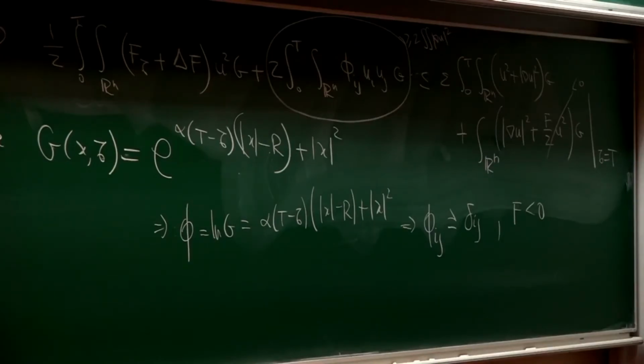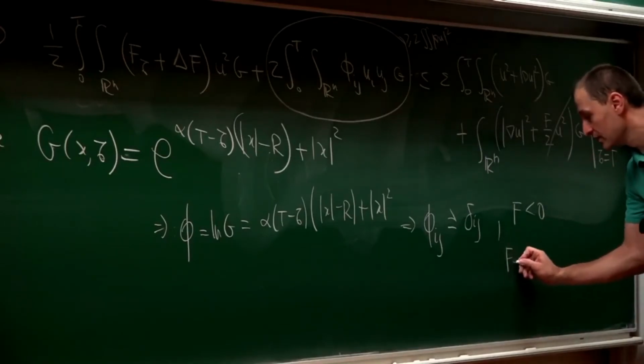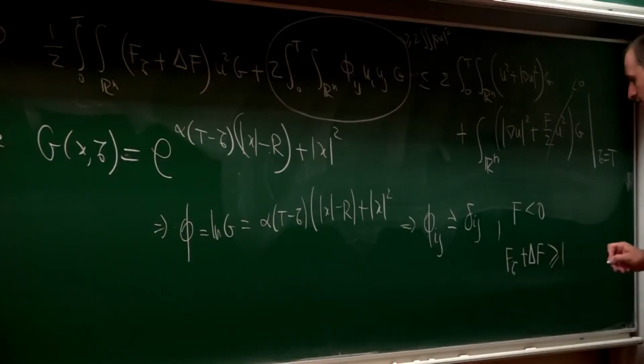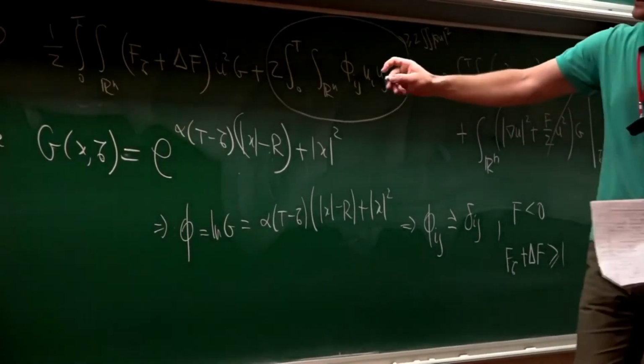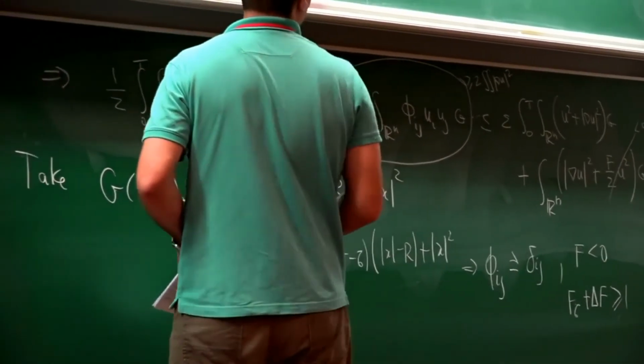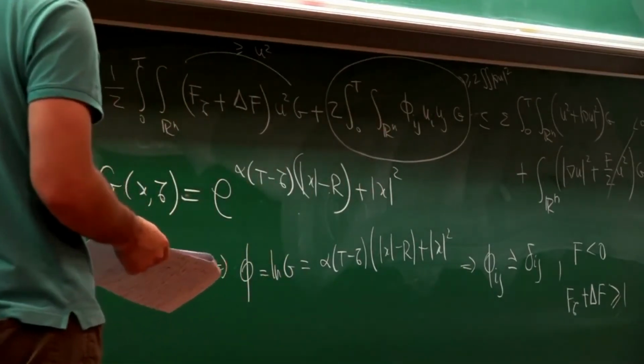If that's not positive, then you are in trouble here. It turns out that f tau plus Laplace f is greater than 1. Then you can absorb, this one will be bigger than u squared. So you can absorb the epsilon there into the left side.